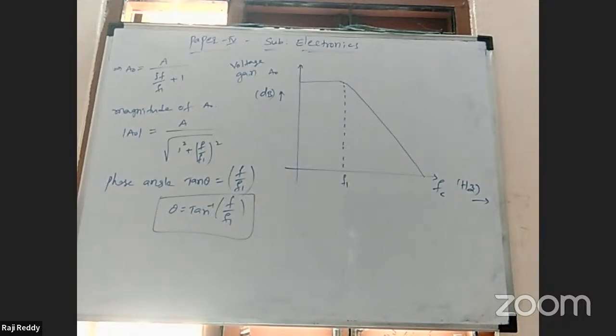These two are the most important things. Or else sometimes they will ask the difference between closed loop and open loop operation of an amplifier, sometimes in the short answers. But in most cases for 10 markers, they will ask open loop gain or closed loop gain in the examination, so check it.